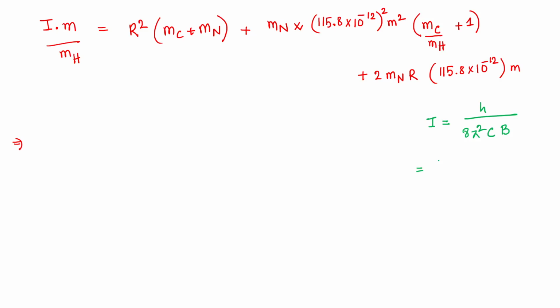I will directly calculate. 6.626 into 10 to the power minus 34, divided by h, divided by 3.14, divided by 3.14, divided by c, which is 3 into 10 to the power 10 centimeter, right? And your B was given, right?